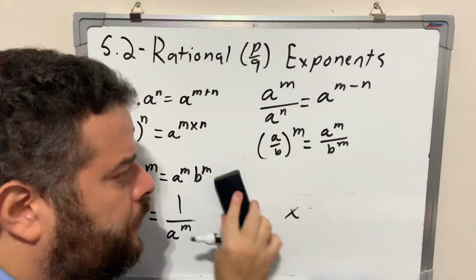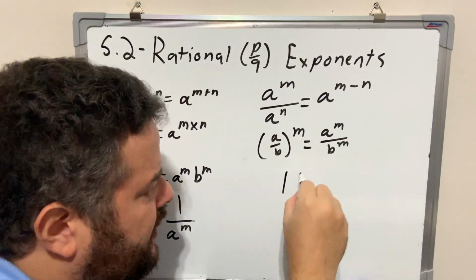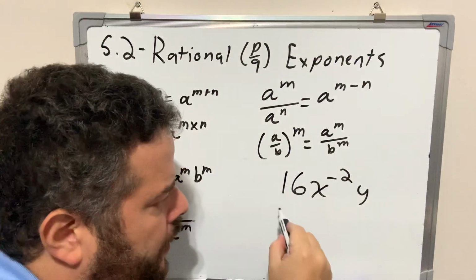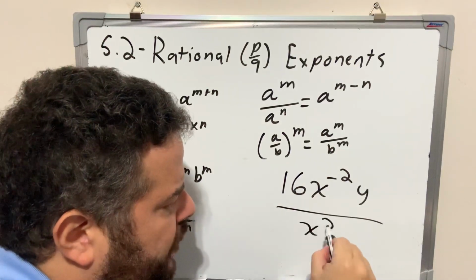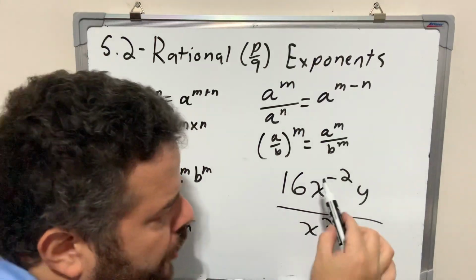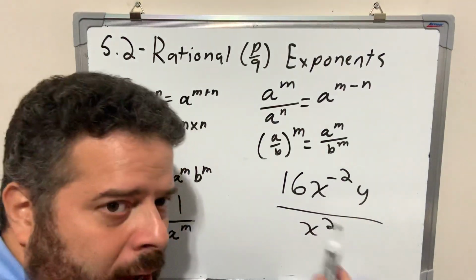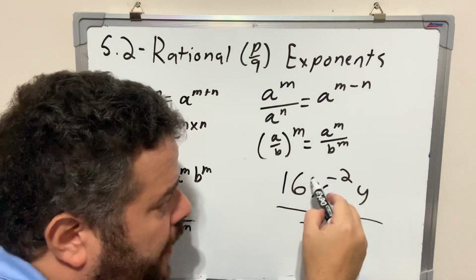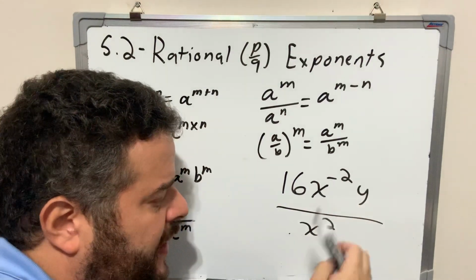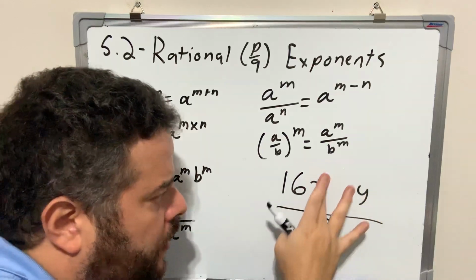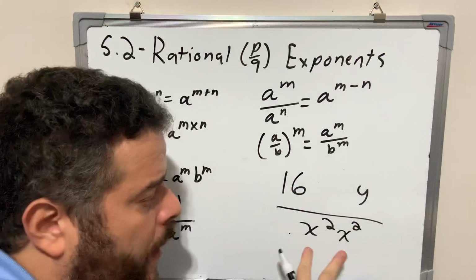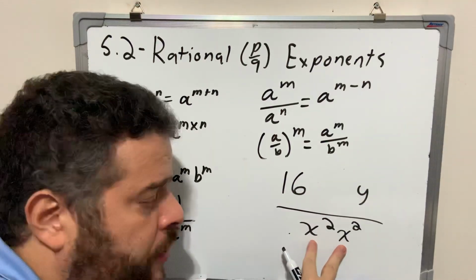For example, let's say I have 16x to the negative 2y over x squared. I have this expression. This variable and only the x that has a negative 2 will be sent down here in a positive fashion. And now I can multiply these two bases, which are the same.